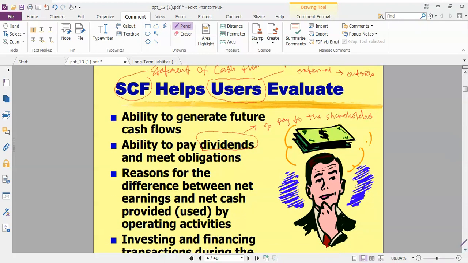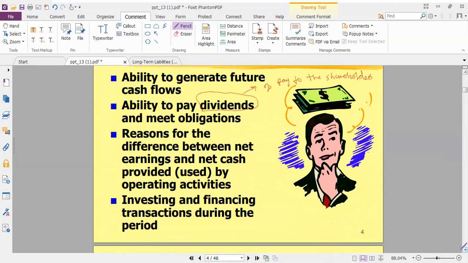And with the statement of cash flow, the company can know the difference between the net earnings and net cash provided by operating activities. Other than that, investing and financing transactions during the period. We can identify how much cash we use to invest, to finance, and also to operate.